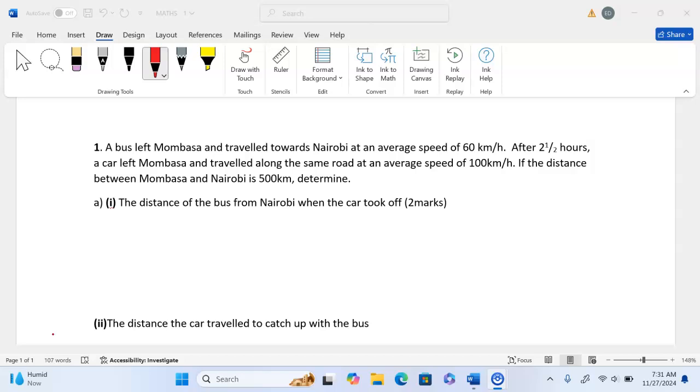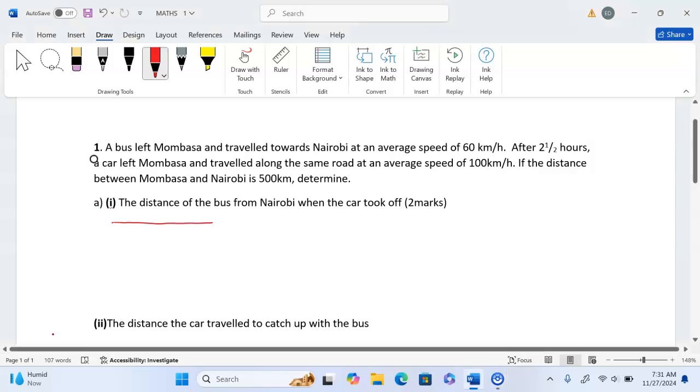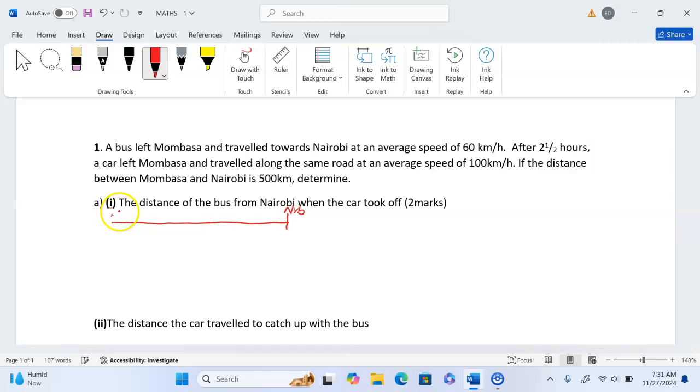First thing we are going to do is to have a sketch. We have Nairobi. We also have Mombasa. We have been told the distance between Nairobi and Mombasa is 500 kilometers.